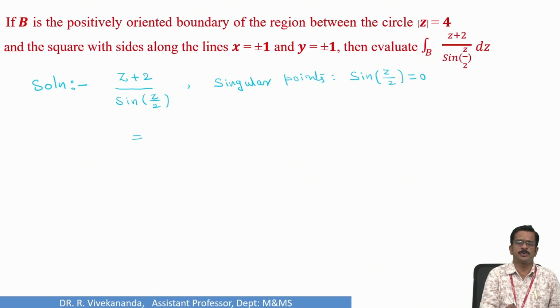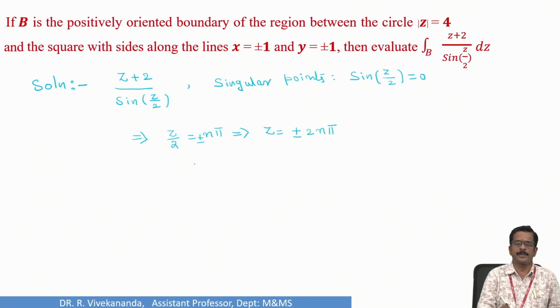Sine of z by 2 equal to 0 means z by 2 should equal n pi, for n equal to 1, 2 and so on. Sine pi is 0, sine 2 pi is 0, sine 3 pi is 0. From this, z equals plus or minus 2 n pi.